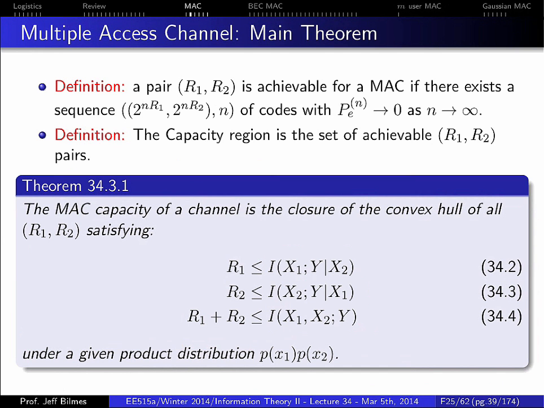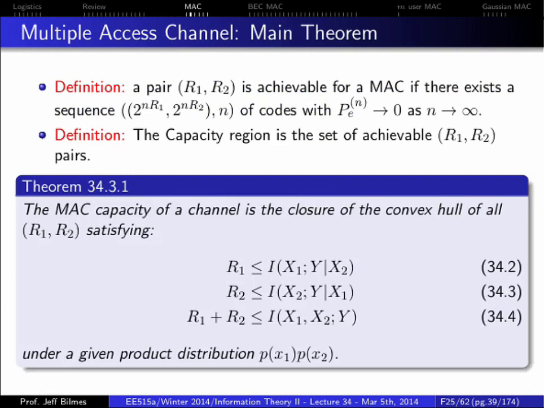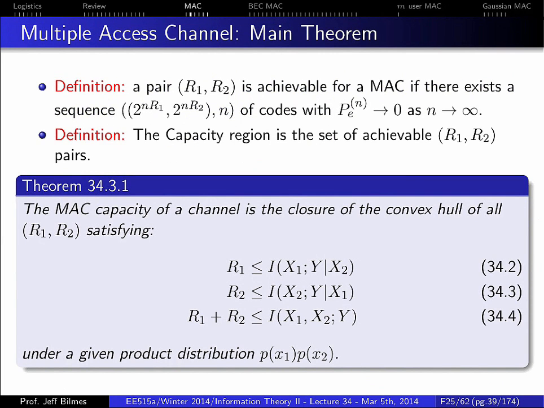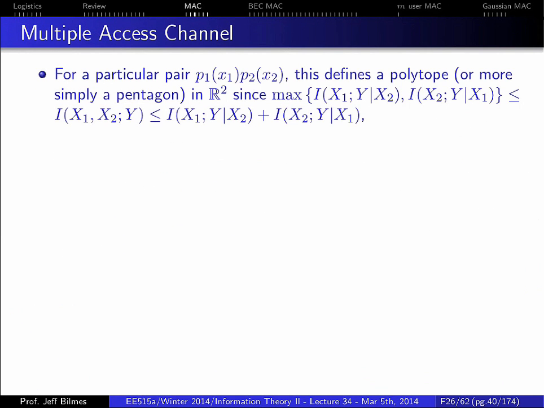Yes. But since p of x1, p of x2 ranges over an uncountable set, then it's curved. But we're going to look at these and analyze what each one of these polytopes looks like, and then we're going to look at its closure. So for a particular pair, this defines a polytope.